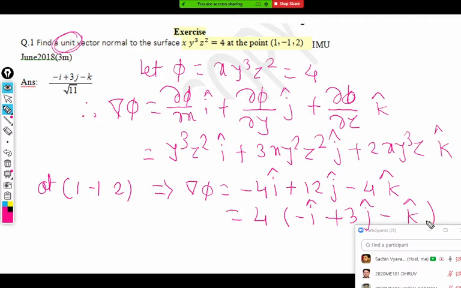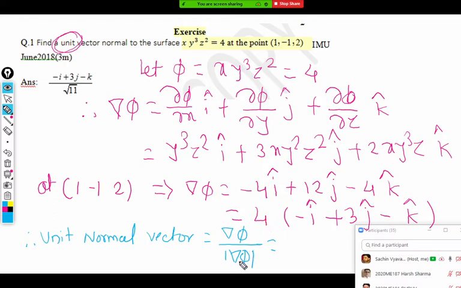Therefore, unit normal vector, the last step. The formula says it is del phi divided by mod of del phi, its magnitude. This 4 automatically gets cancelled, because you just have to divide by the magnitude of this; the 4 will get cancelled with its magnitude.